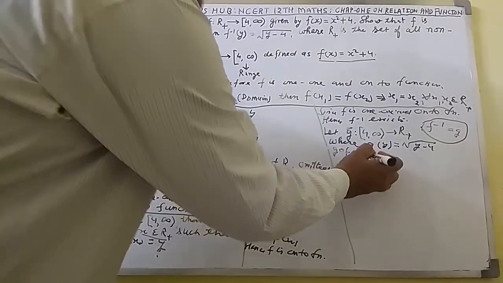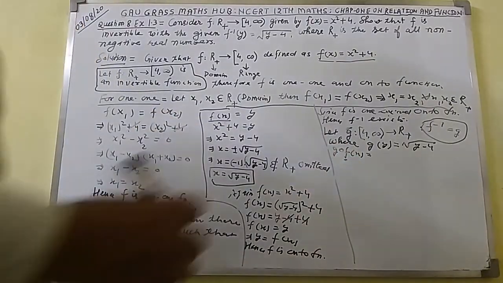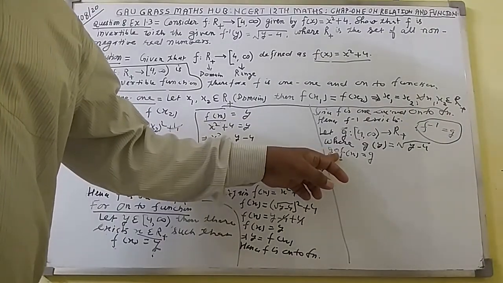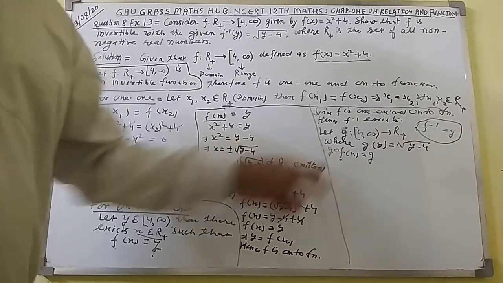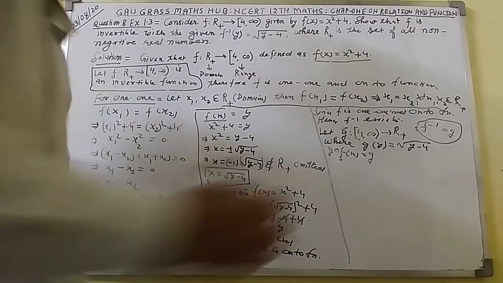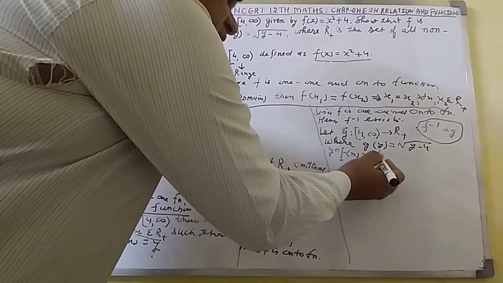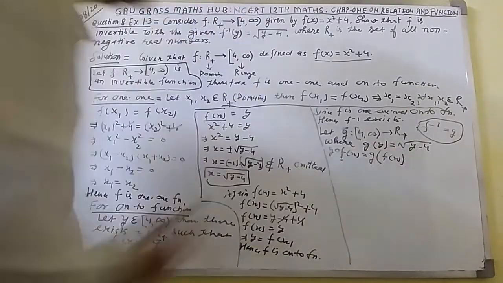So this will become g o f (x). So what to do here? I shall write g, and this small o will be converted into a half circle bracket. So in place of o I shall write f(x) in brackets, close bracket.